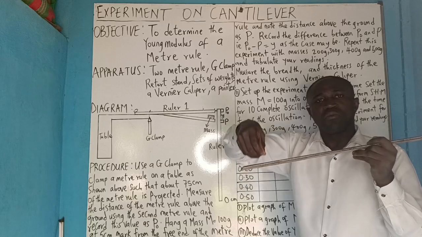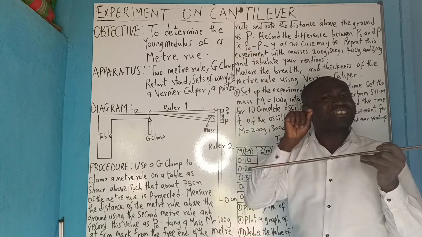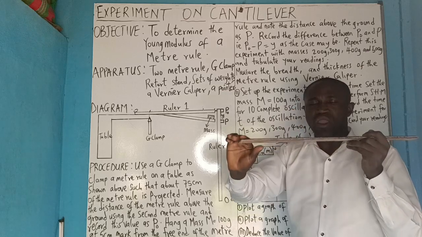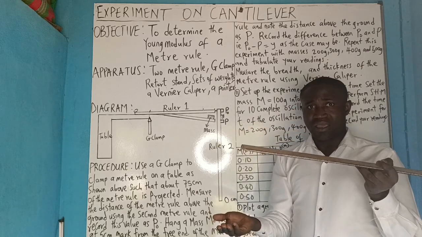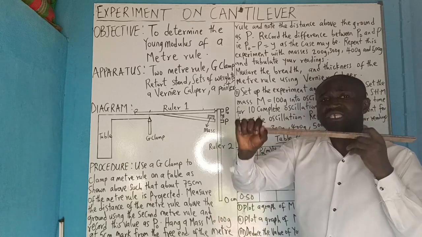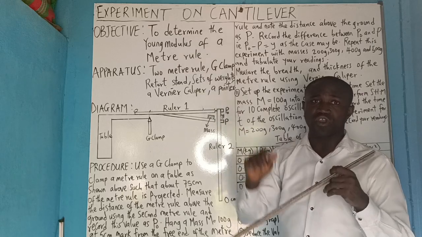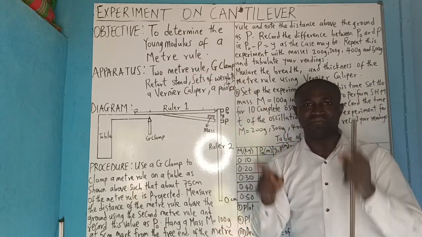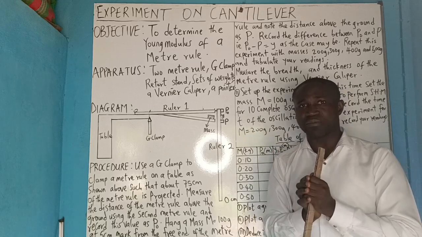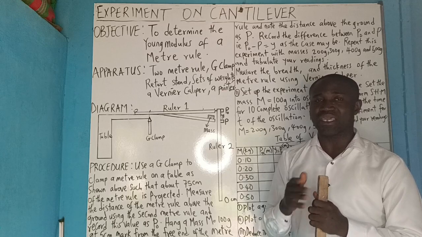When you remove the mass, it will go up. But when you are dealing with a stiff meter rule, when you try to bend it, it can break. So how stiff a meter rule is depends on what? The value of Young modulus. So Young modulus is a way of determining quantitatively how stiff or flexible a meter rule or any instrument is.